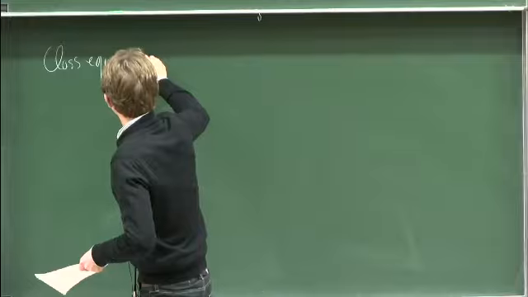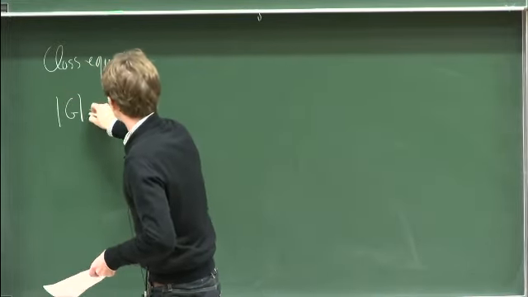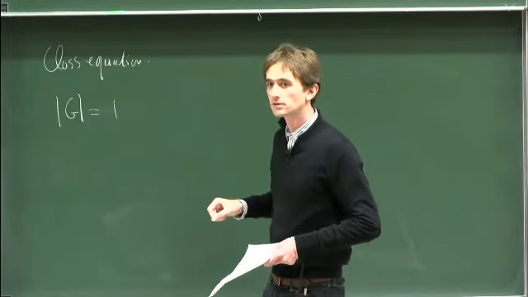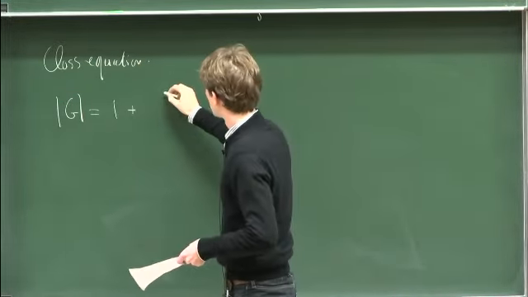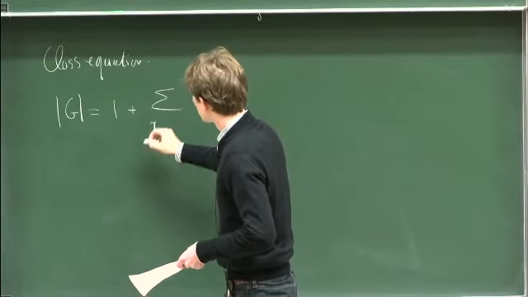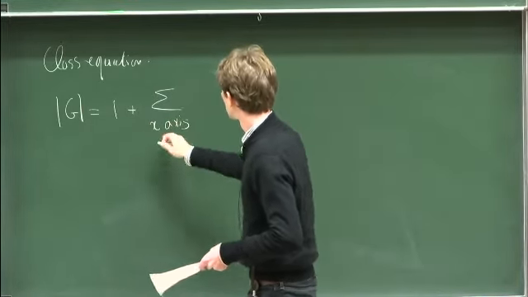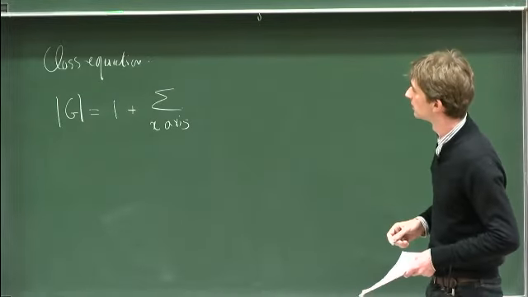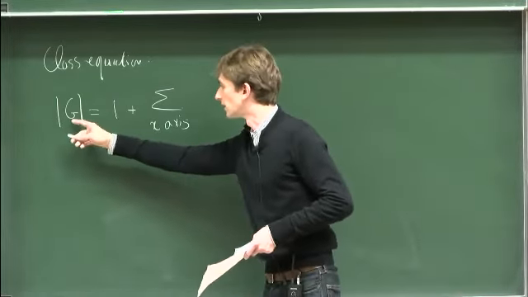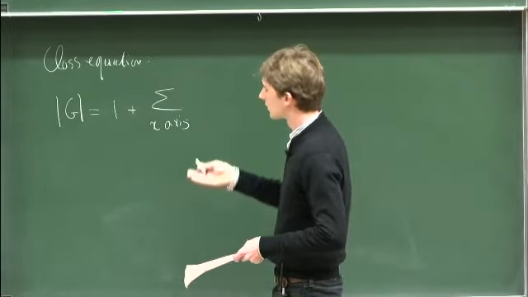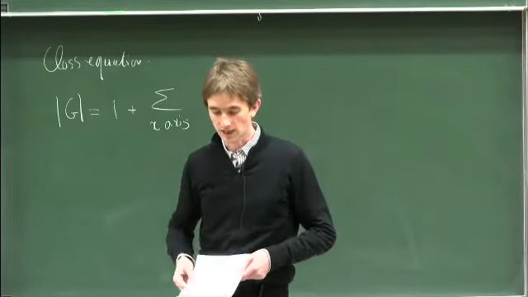So I write that G is equal to the identity element, and then for every axis that arises as the axis of some non-trivial element of G, you look at the elements that have this axis.